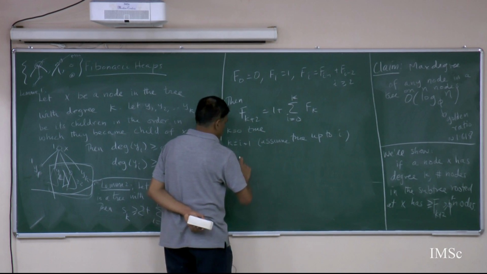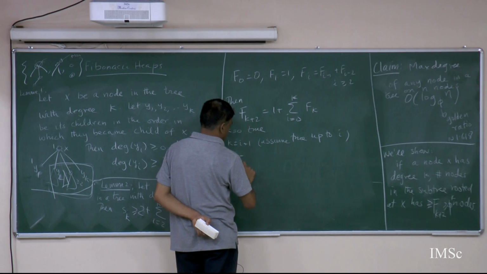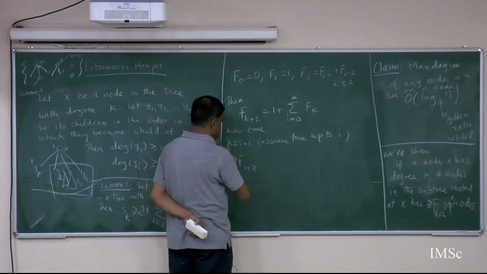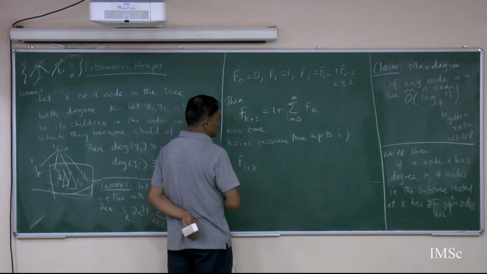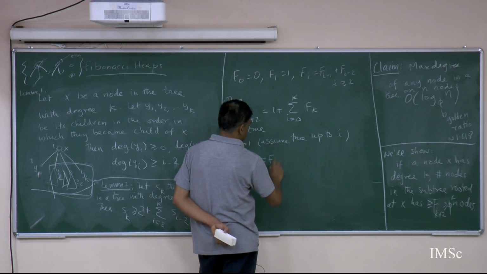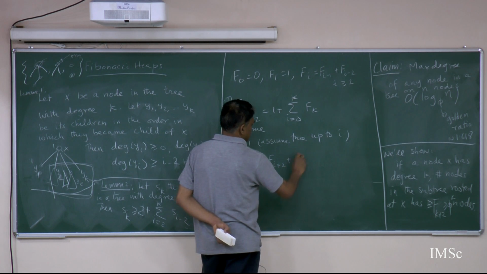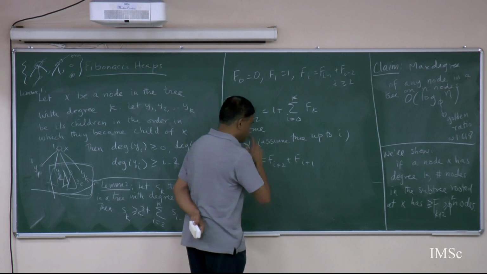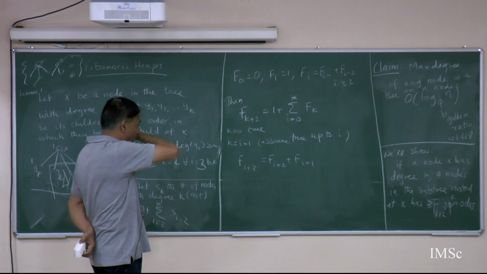Then F_{i+3}, since k is i plus 1 and k plus 2 is this. By definition, this is F_{i+2} plus F_{i+1}.